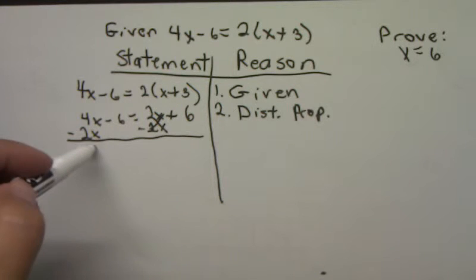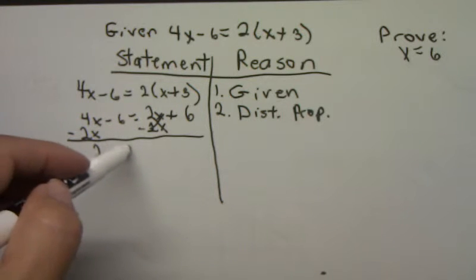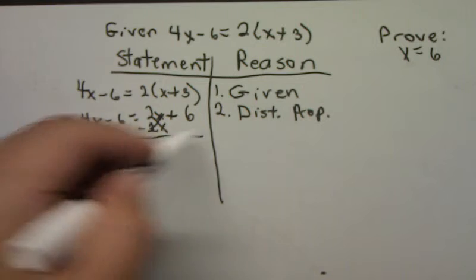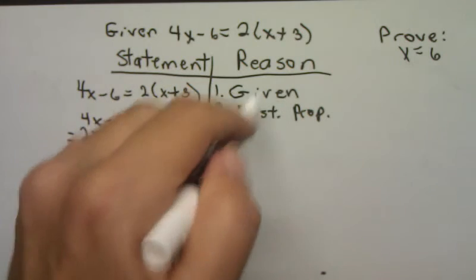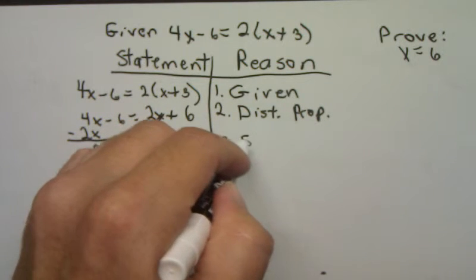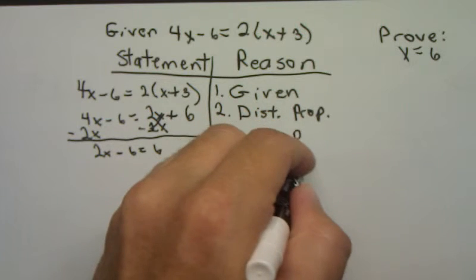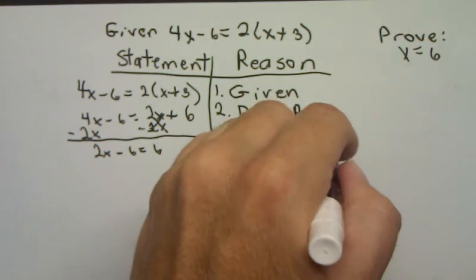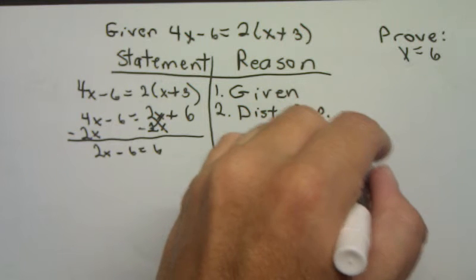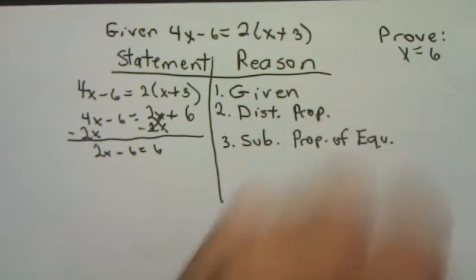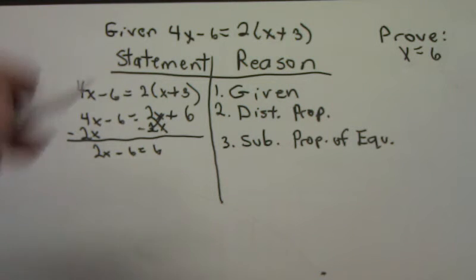Those cancel out. I have 2x minus 6 equals 6. Okay, why? I subtracted. So this is going to be my subtraction property of equality.